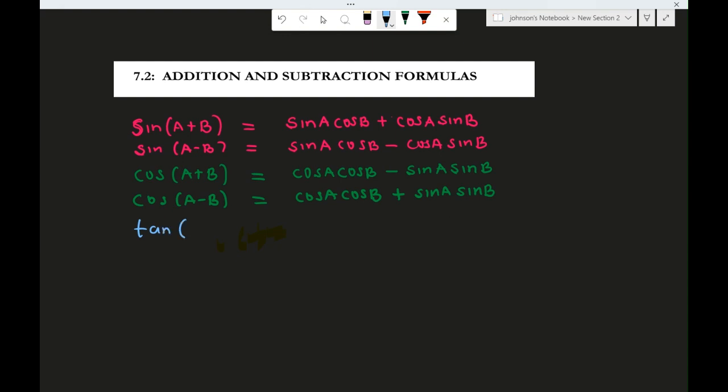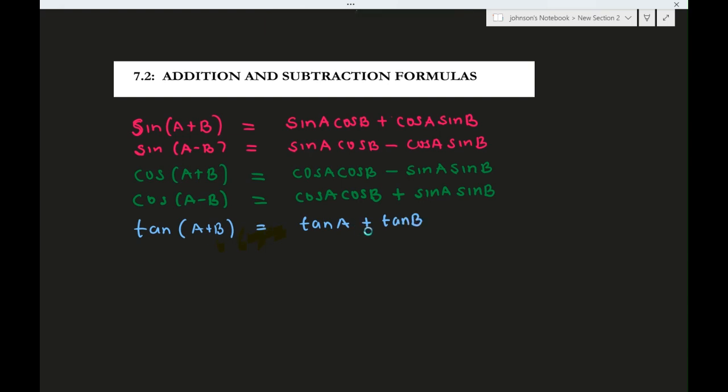If you have tan of A plus B, we have tan A plus tan of B. So if it is plus here, it's still plus, but now you divide by 1 minus. If it is addition here, the denominator will become subtraction.